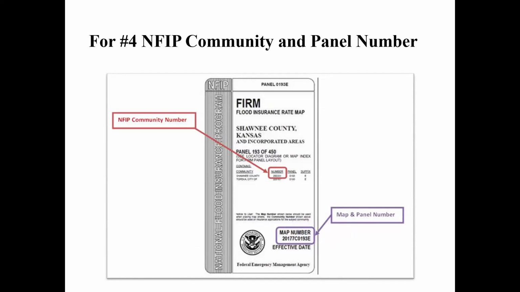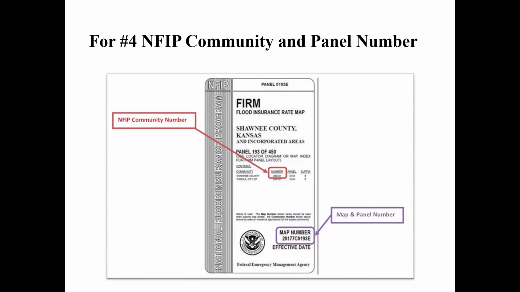And so as I mentioned, for the NFIP community and panel number, you can find them on the title block here for your map panel. And so, as I mentioned, you can find these on the Map Service Center. So this is kind of an older form of what that looks like.